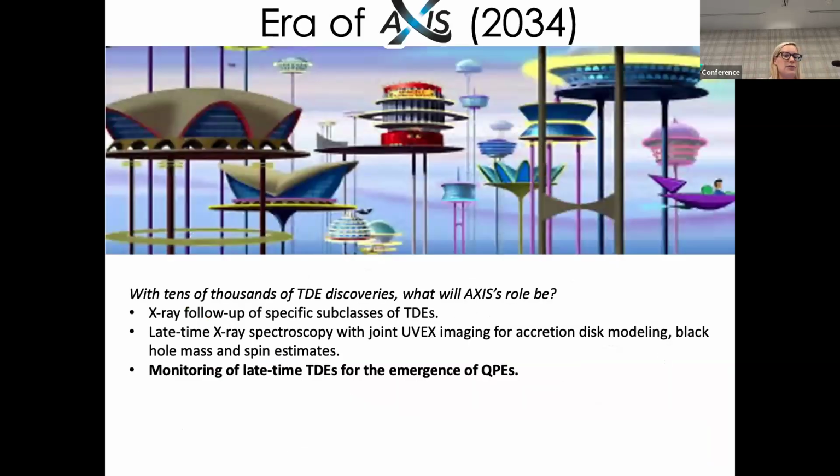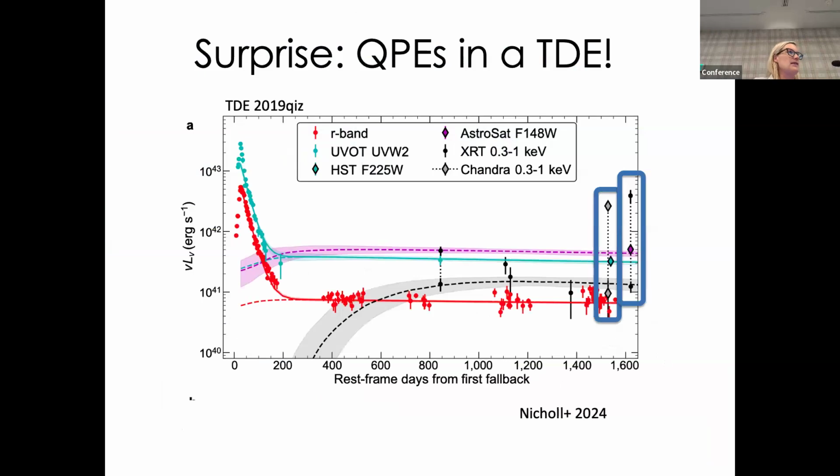Okay, another thing you can do is use AXIS to monitor old TDEs for the emergence of QPEs. We really love acronyms in our field, and I'm only going to briefly talk about this because we're going to have a very nice talk soon in the session about QPEs, but they're really a fantastic, as of now, X-ray only phenomenon, and it's very exciting that recently they were discovered to emerge in the late time X-ray monitoring of a known nearby tidal disruption event.